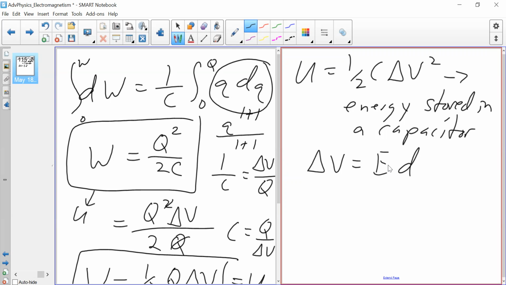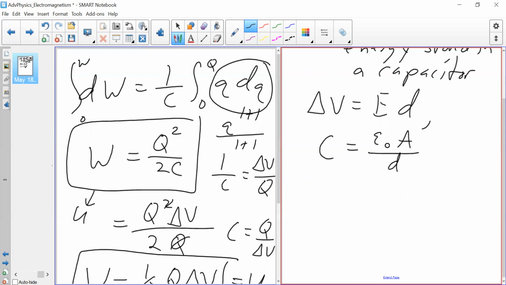So this is our voltage in terms of electric field and distance. We know that the capacitance between two plates in terms of its area and its distance is epsilon naught A over D, right? And we just substitute those expressions.